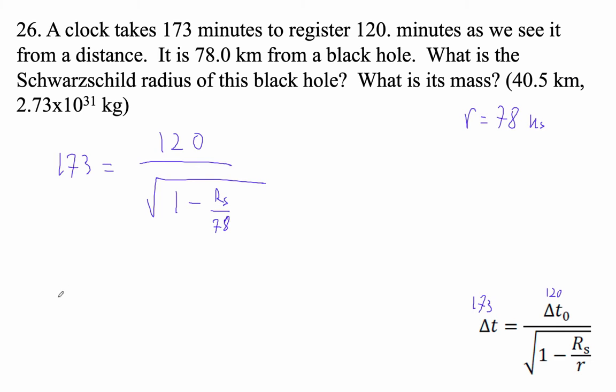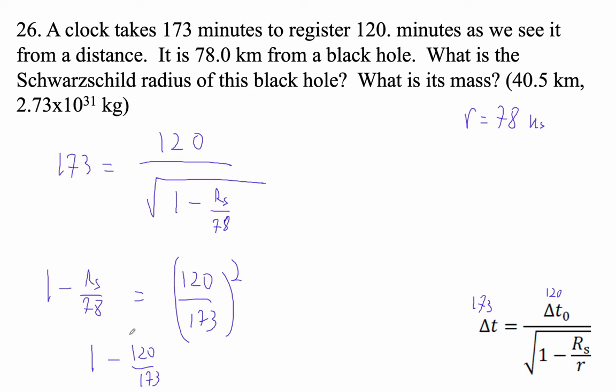Let's see. We're going to go 1 minus RS over 78 is equal to 120 over 173 squared. And then eventually I think we can go 1 minus equals, and then it'll just be 78 times that quantity, right?